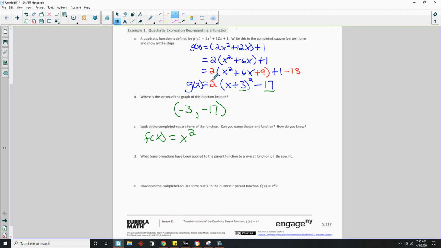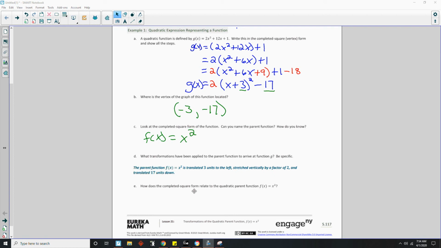This is a vertical stretch of 2. Okay, so the parent function f of x equals x squared is translated 3 units left, that's this right here, stretched by a vertical factor of 2, that's this red 2 right here, the original 2, the a, and translated 17 units down, which was our c.